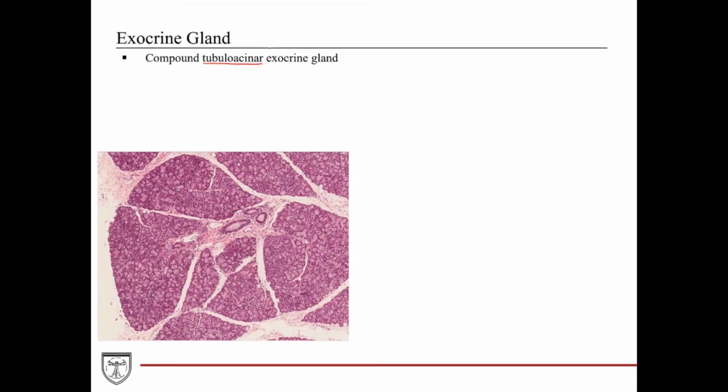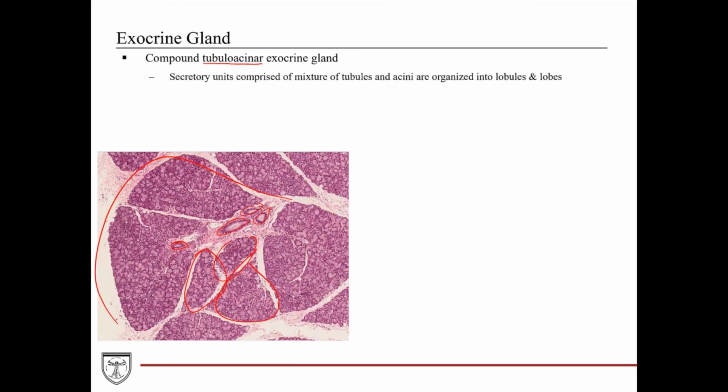So macroscopically, or at low magnification, we're seeing the lobular and lobar organization, with these smaller lobules forming a lobe and things like that, and with perhaps progressively larger ducts interspersed in there.